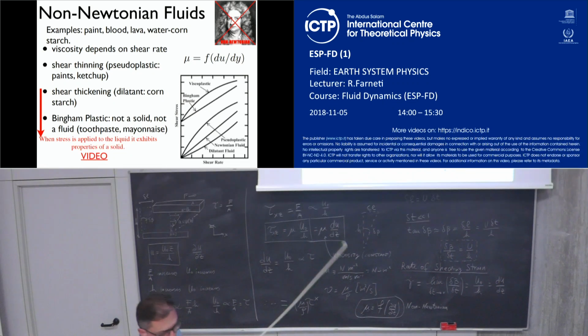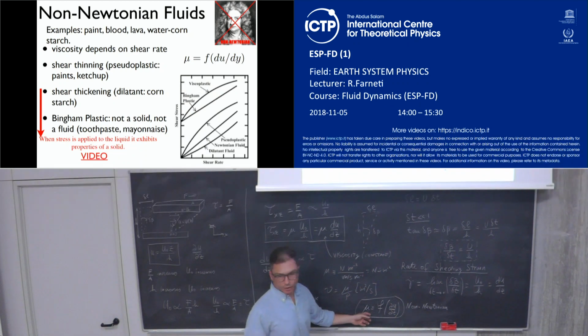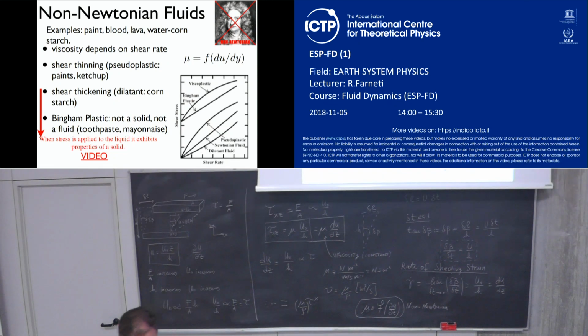And the opposite is a shear thickening. So shear thickening means that the more shear stress you apply to the fluid, the larger the viscosity becomes. So instead of becoming less viscous, it's becoming more viscous with more shear stress.